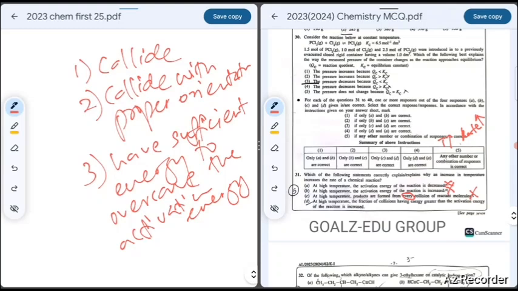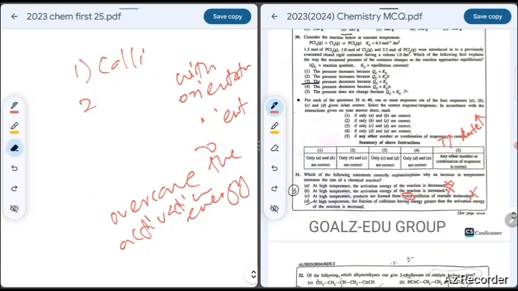What about that? That is the Maxwell-Boltzmann distribution.